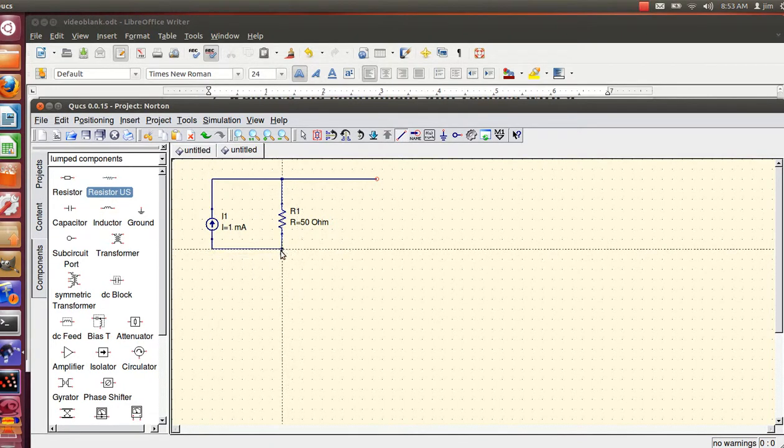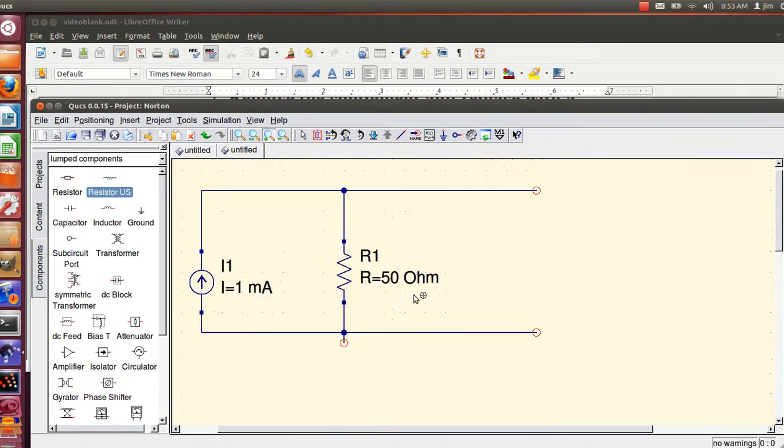There we go. Not the cleanest circuit in the world, but you get the idea. And then if I zoom in a little bit, to make it easier to see on the video, that is what we look like.